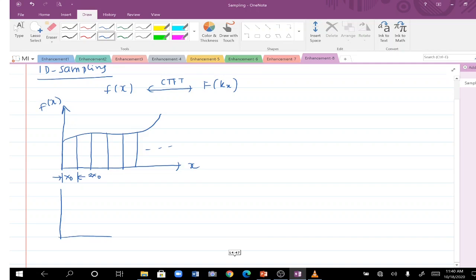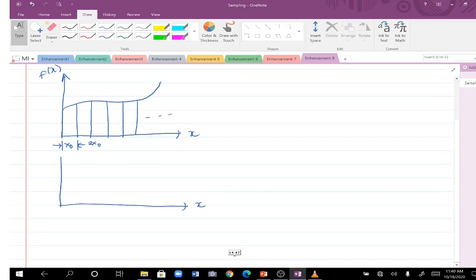One way that you could think of is multiplying it with an impulse train. For simplicity, I'll draw it just on the positive side, but you could extend it to the other side if you want. If you multiply it with an impulse train which has a periodicity of x naught, then you would of course retain its values only at those particular points.